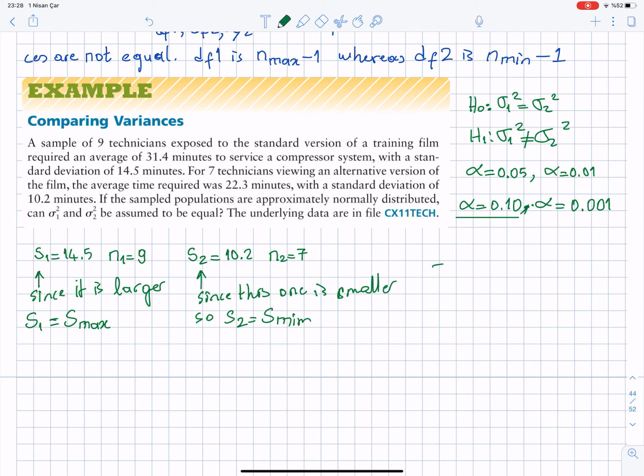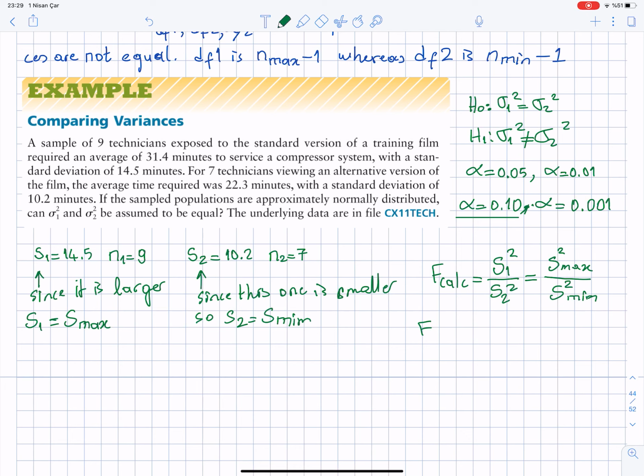Let's get the calculated statistic. F calculated equals S1 square divided by S2 square. In another example, you may have S2 square divided by S1 square, because the rule is S square maximum divided by S square minimum.